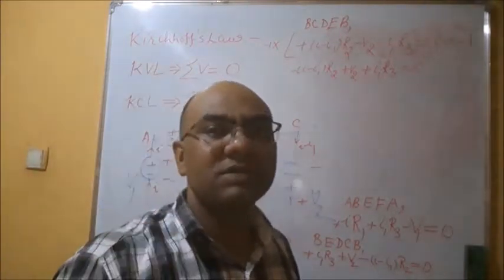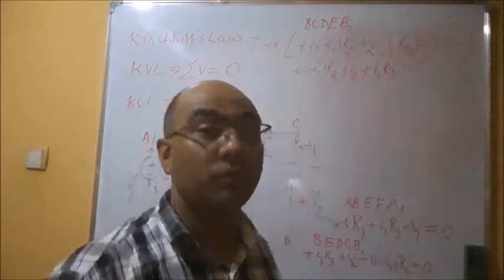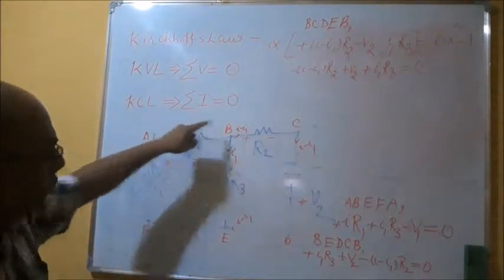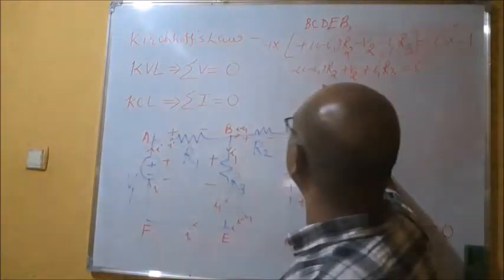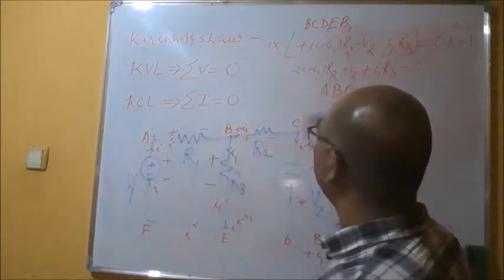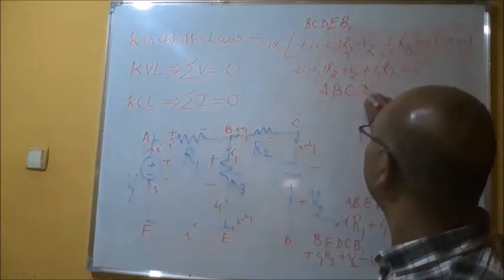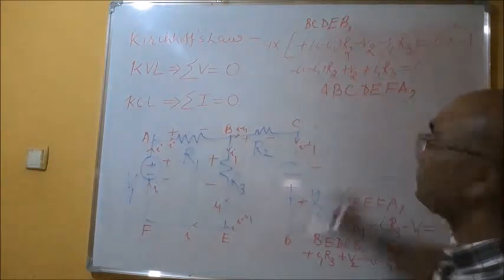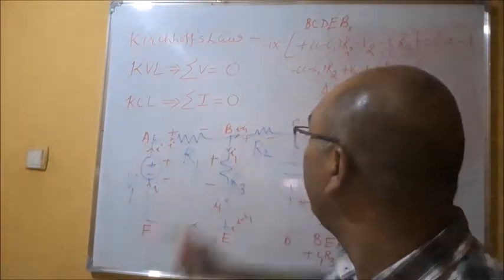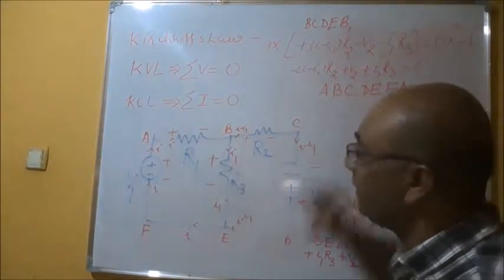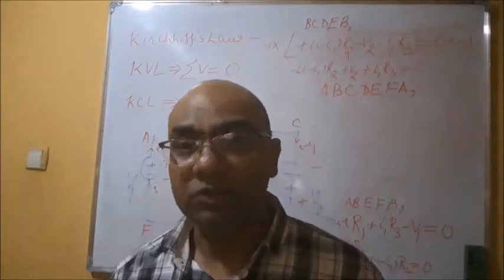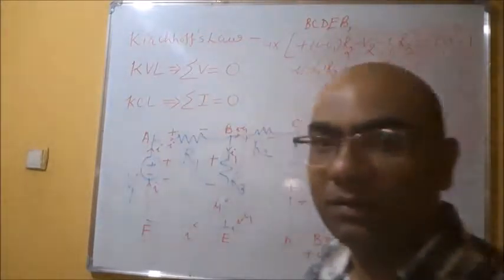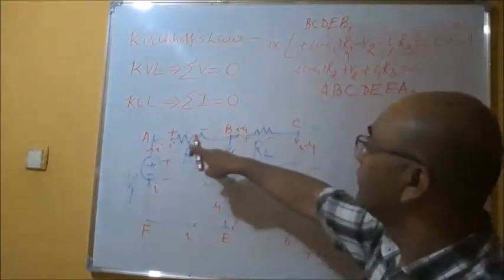Again, I am writing the last KVL equation for the big loop. For this big loop, suppose again I am moving clockwise, so A, B, C, D, E, F, A. Please try to write the KVL.